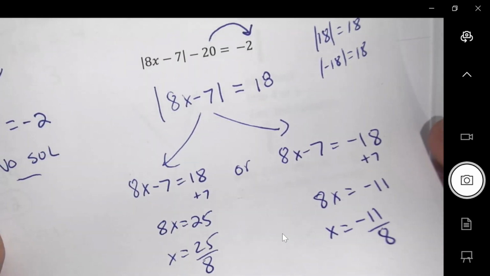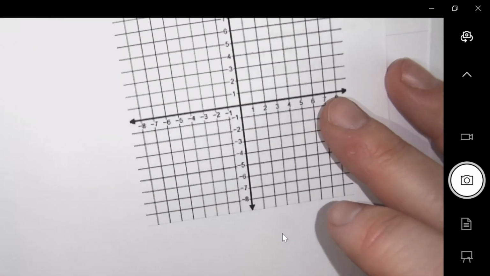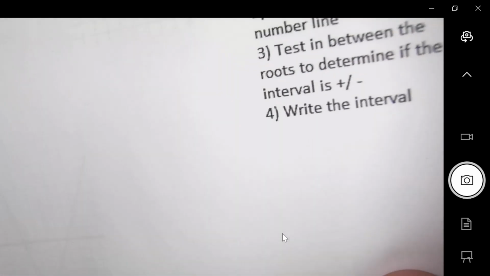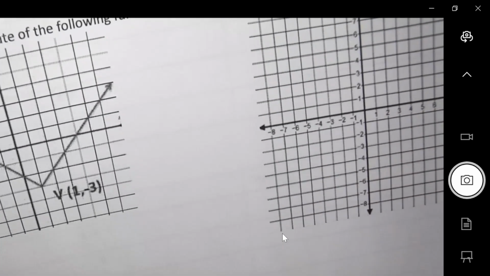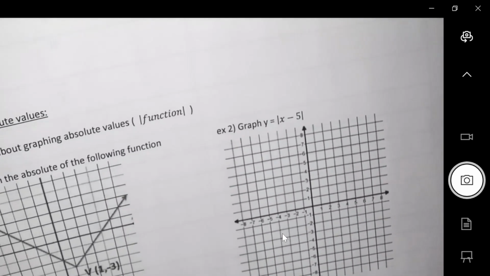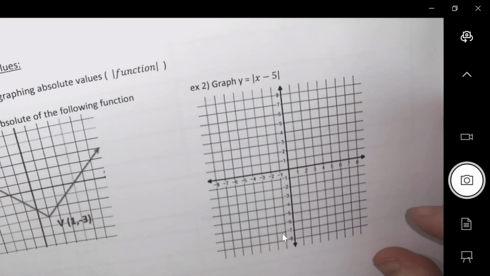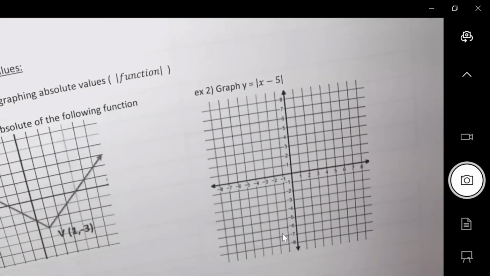Okay, I'm going to jump to kind of near the end here. Let me see where it is. Okay, skip a few pages, and this is called graphing absolute values. So it's kind of near the end.